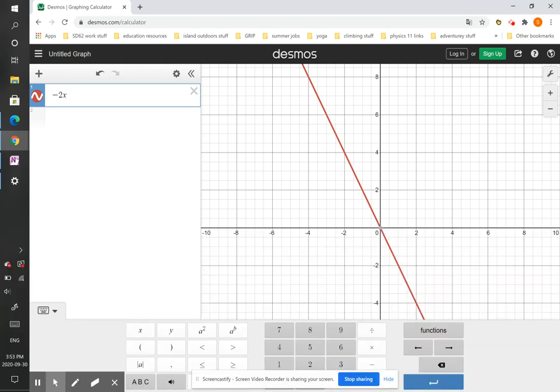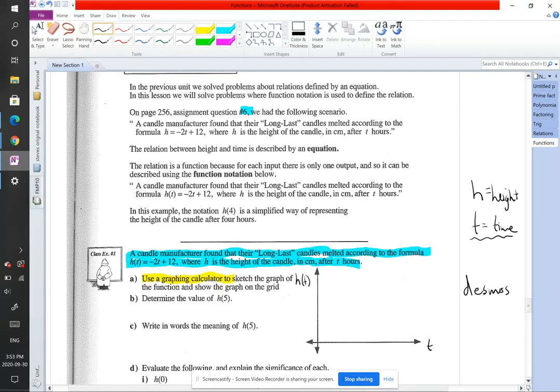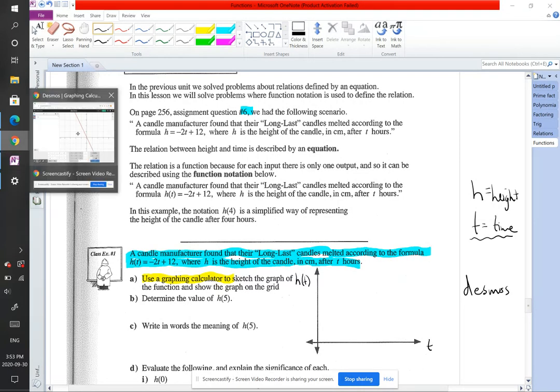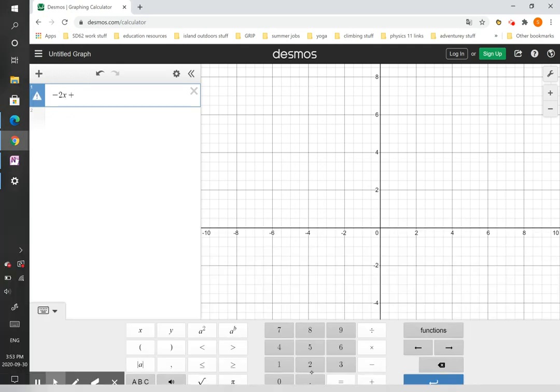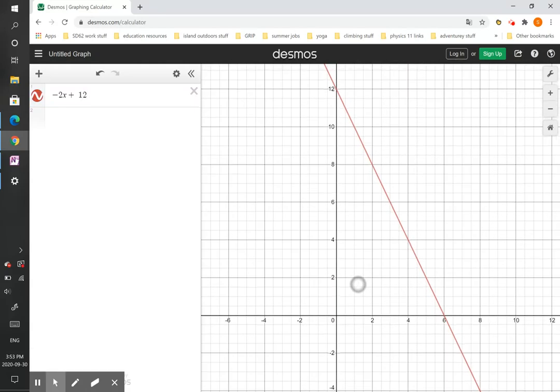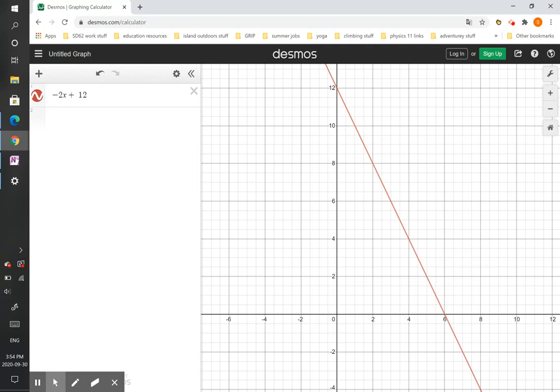So it's negative 2x, and then it was plus 12. So I'm using x instead of t. I mean, they're both variables. There we go. We have our graph here, and you can see that we have the y-intercept of (0, 12) and the x-intercept of 6.